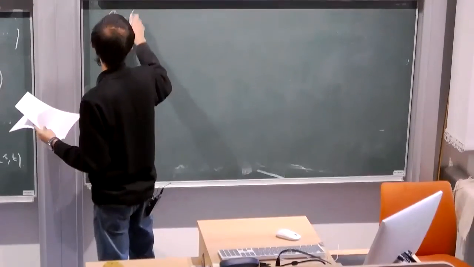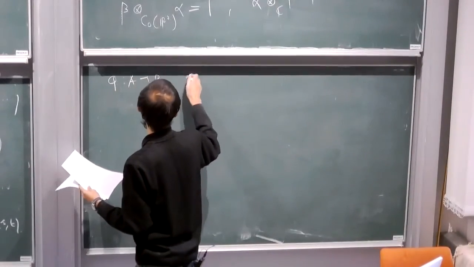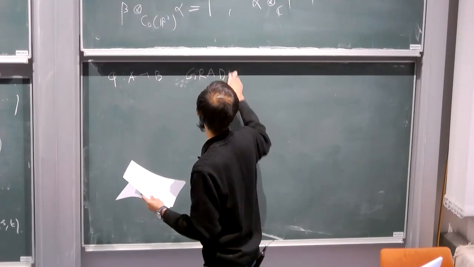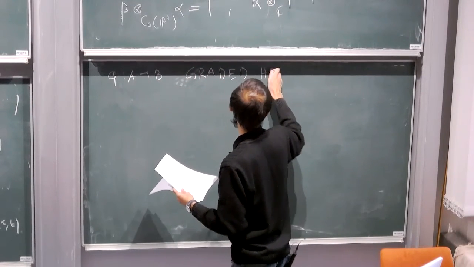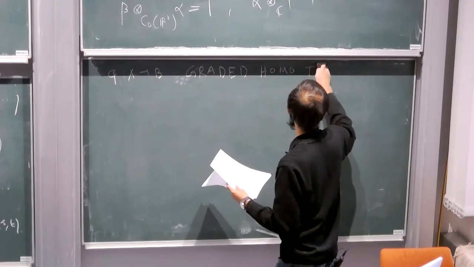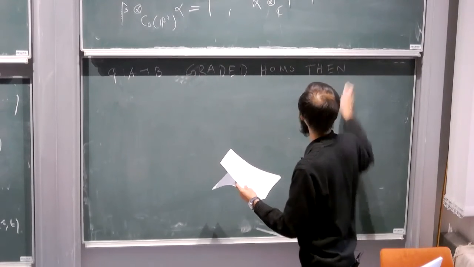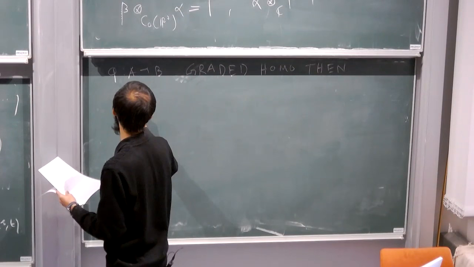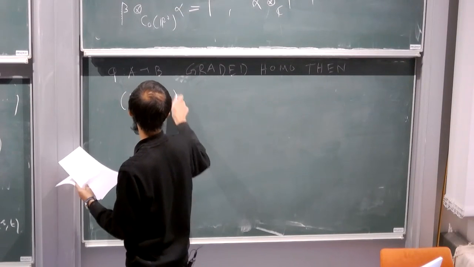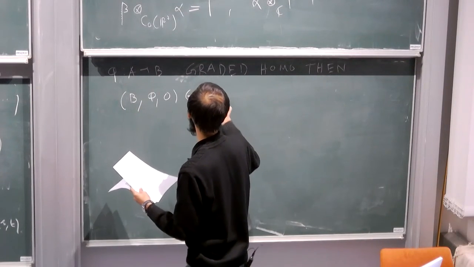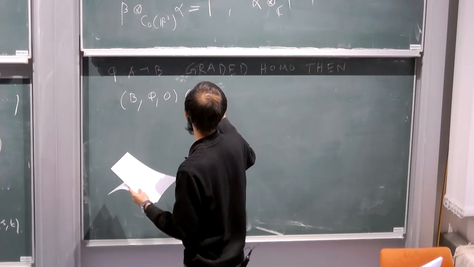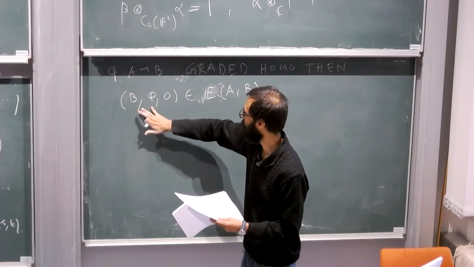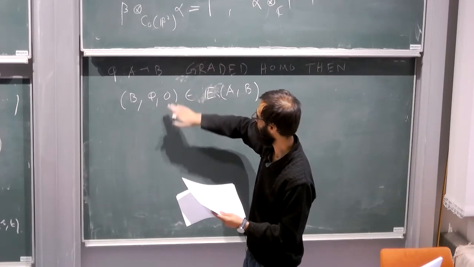If phi is a graded homomorphism, then B, phi, 0 is an element of E of A, B. So B is a B module, phi is going to the compact, so the adjointables, and 0.